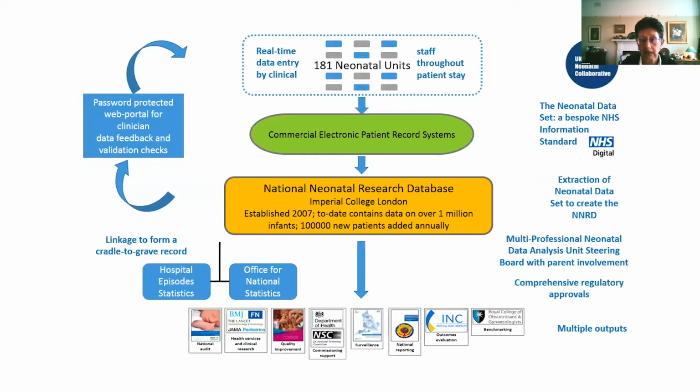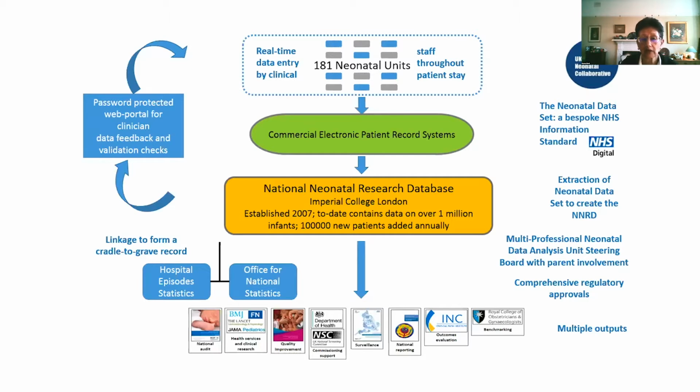The neonatal data set is a National Health Service information standard, and these 450 or so data items are very clearly defined. We manage the data, we quality assure them, and they are then lodged in the National Neonatal Research Database.